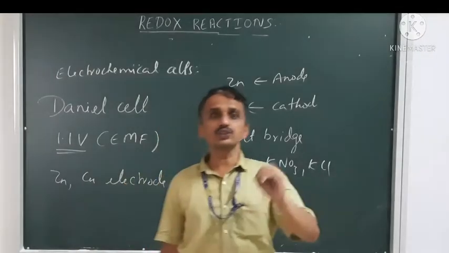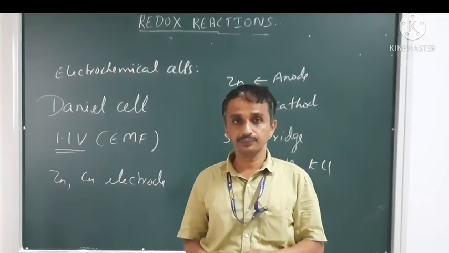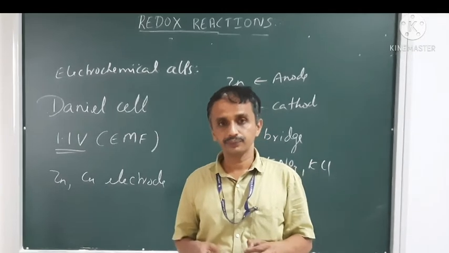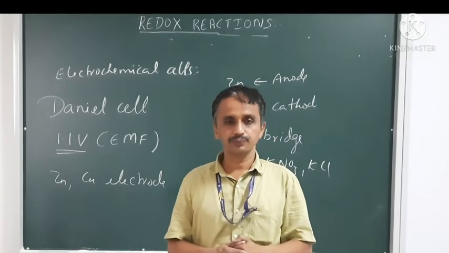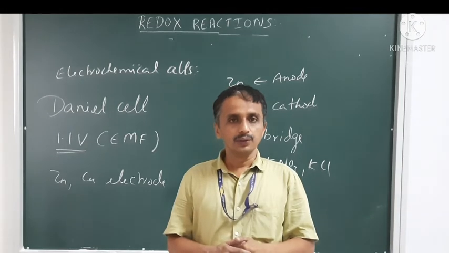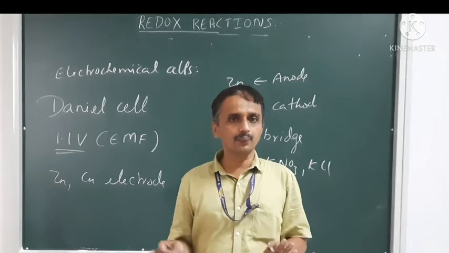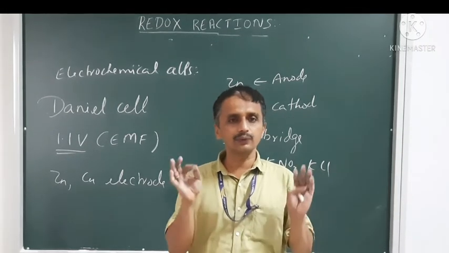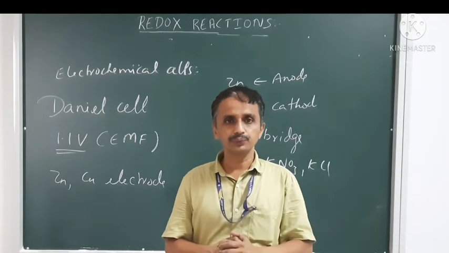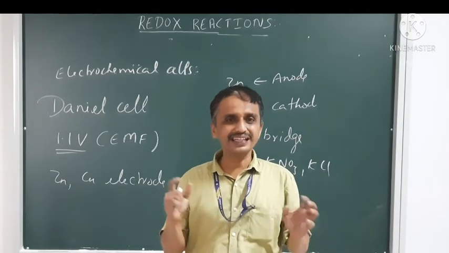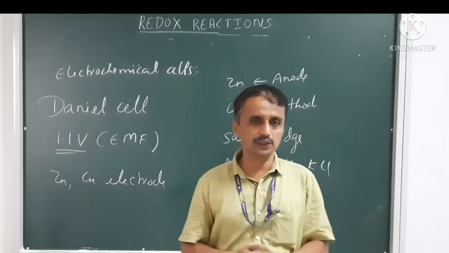Now, what is the use of the salt bridge in the Daniell cell or the Galvanic cell? First one, to complete the circuit. Unless a circuit completes, no current will be produced. Second one is to avoid liquid junction potential.